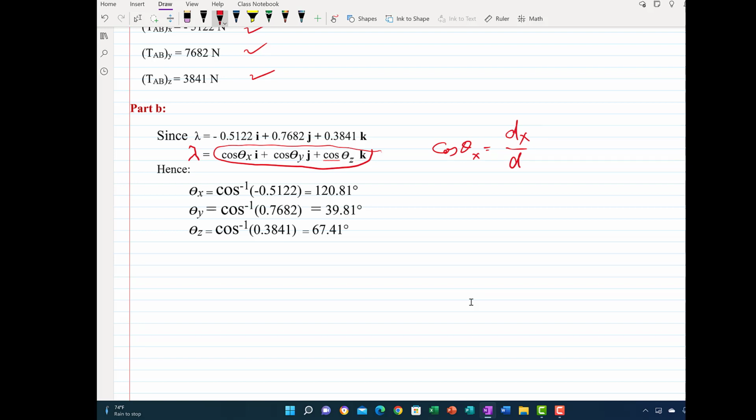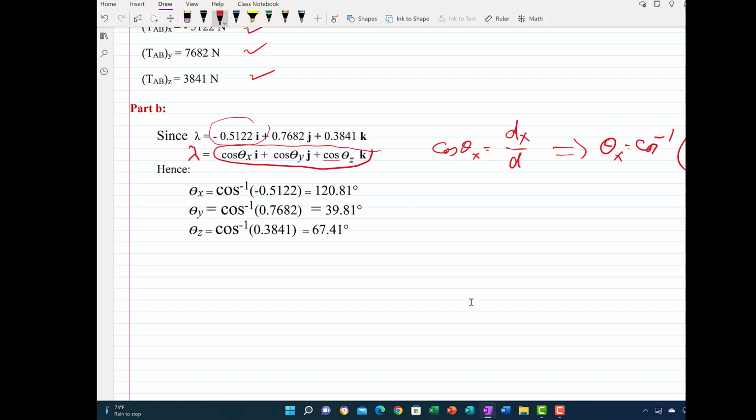So what we get from here is theta x is going to be cosine minus 1 of the first term of the lambda vector, which is negative 0.5122. This is why you have to keep the negative, to get it correct. So it's going to be 120 degrees with the x-axis.